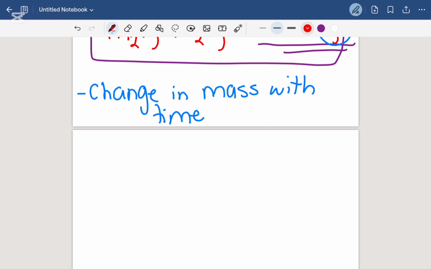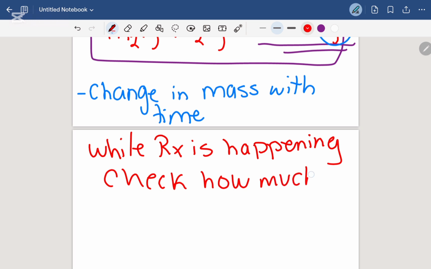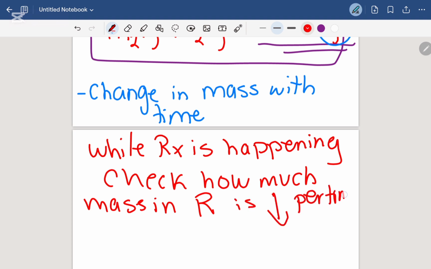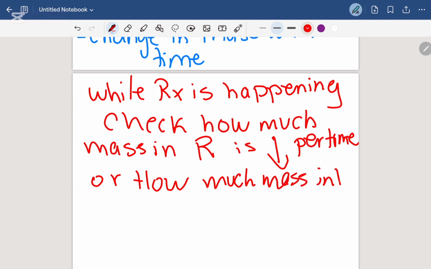But instead, while the reaction is happening, check how much mass in the reactants is decreasing per time, or how much mass in products is increasing.